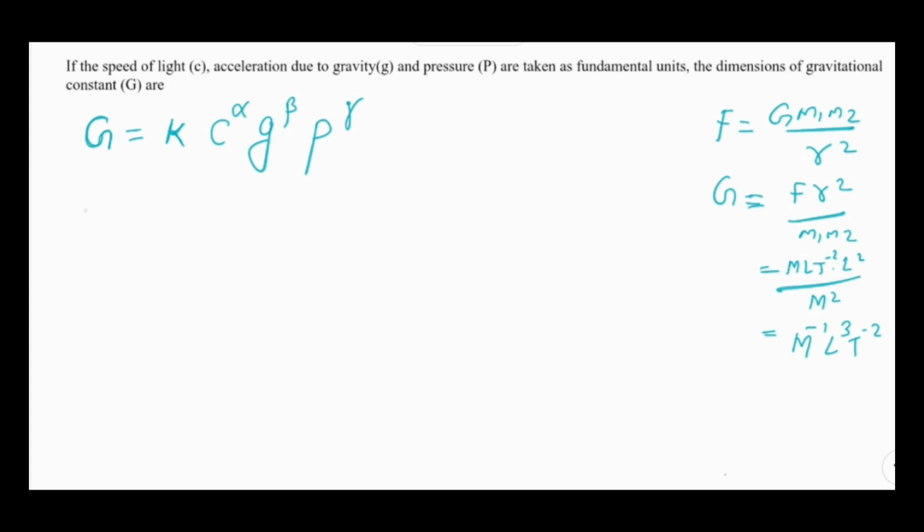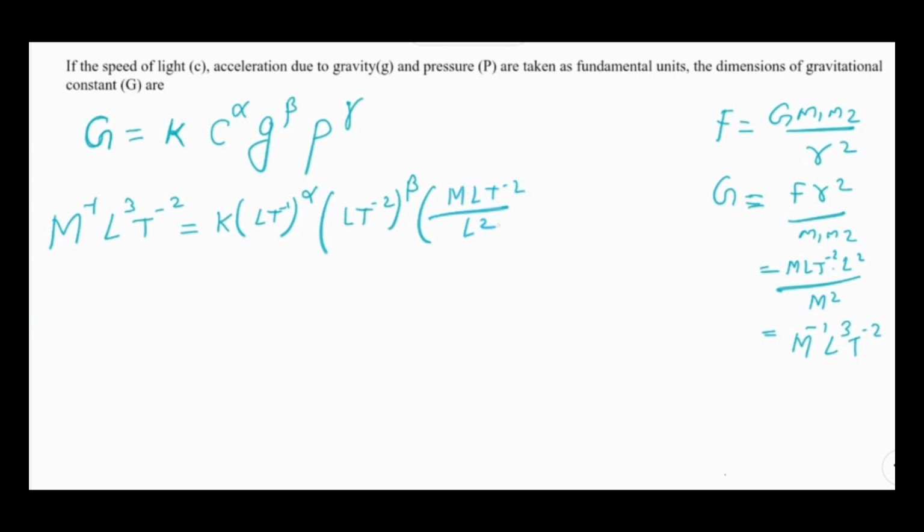So you can put these dimensions of G, M^-1 L^3 T^-2, in this equation. It should be k into c, which is LT^-1, to the power alpha, gravity g which is LT^-2 to the power beta, into pressure which is force by area, MLT^-2 by L^2, to the power gamma.